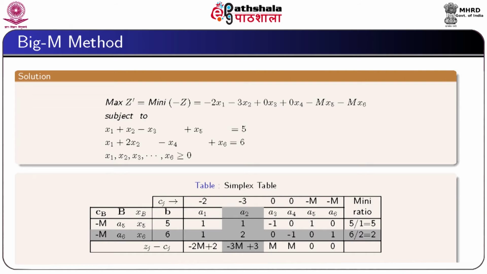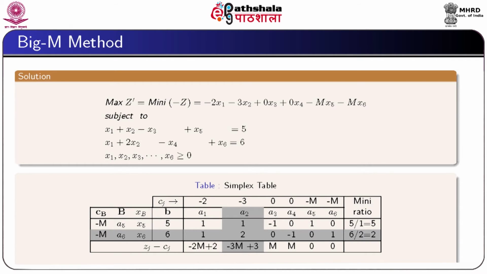Therefore, we introduce two artificial variables x5 and x6 for the two constraints, and in the objective function the coefficient of each artificial variable is taken as -M, where M is a very large positive quantity. That is why the method is called the big-M method. Sometimes this method is also called the penalty method.